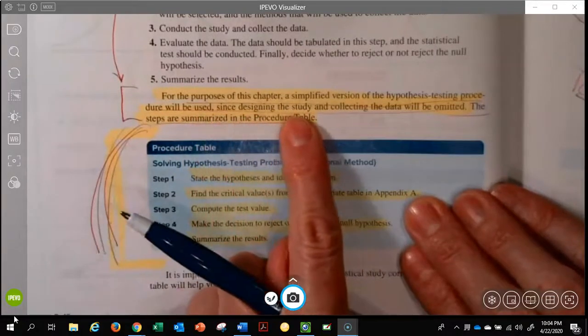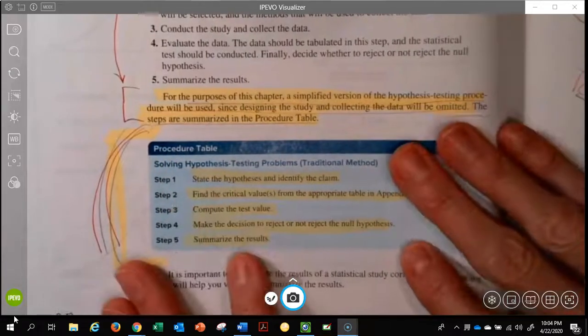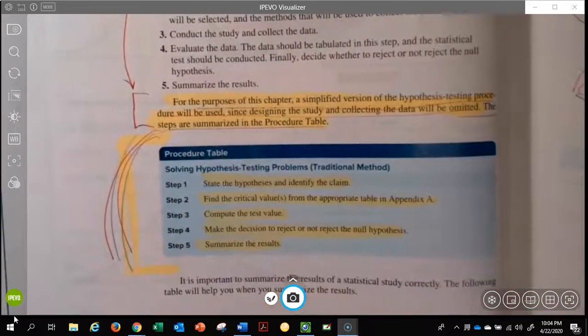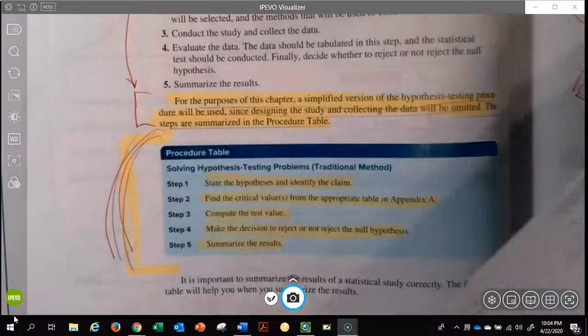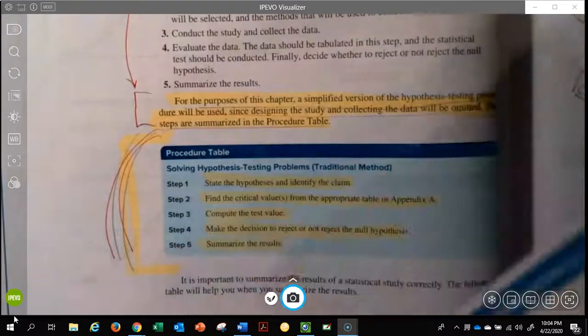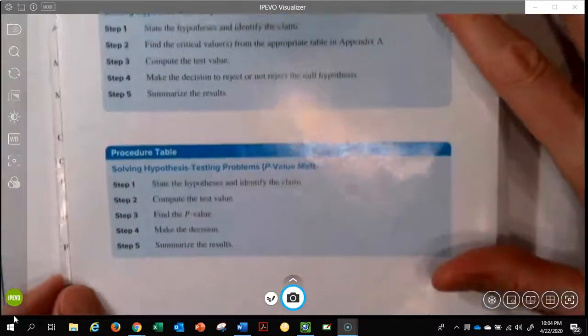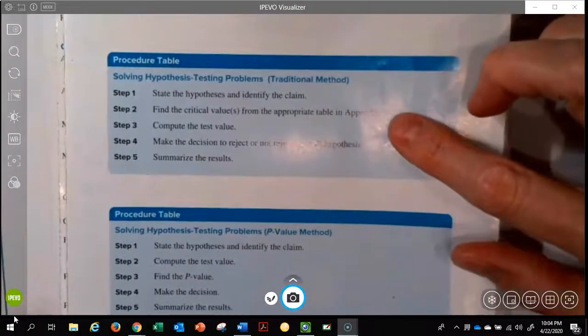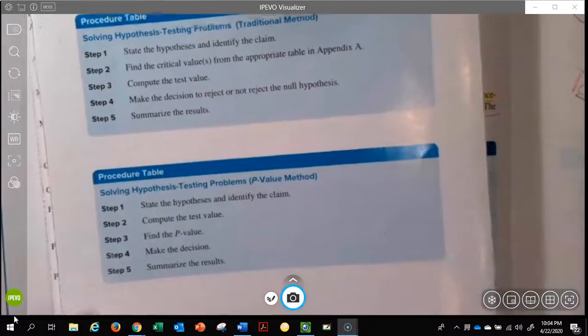Since designing the study and collecting the data will be omitted, the steps are summarized right here. You also might go take a gander at your formula card. And if you flip around on your formula card, you're going to find a page that has this, and it has this. Notice this one says traditional, and this one says P.